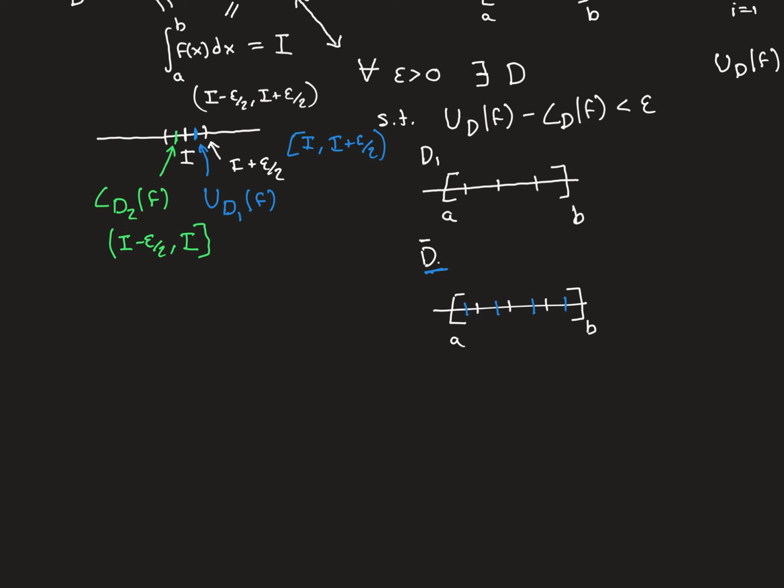Then the lower Riemann sums and the upper Riemann sums for this refined one will be better. If the function is Riemann integrable, they'll be closer to the value of I. Even if the function isn't Riemann integrable, they will be better than the ones that were less refined. So we capture that with some inequalities.